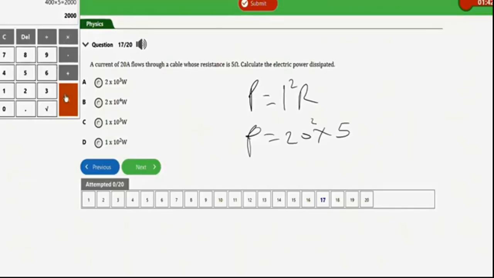So this will give you 2000. Alright, so 2000, if we want to leave it in standard form, this is the same thing as 2 times 10 to the power 3 watts. So the correct option to this question is option A. That's 2 times 10 to the power 3 watts. Alright, so that's it for this question. Let's write this now, solve the next repeated question.